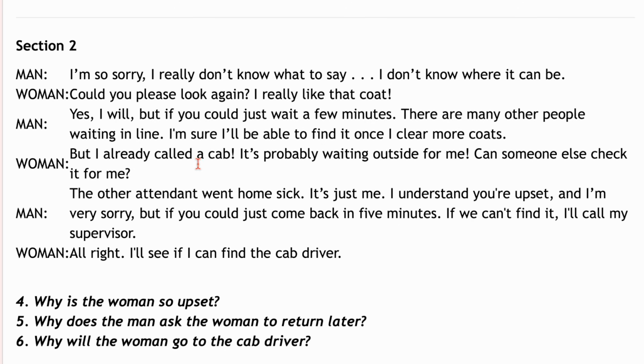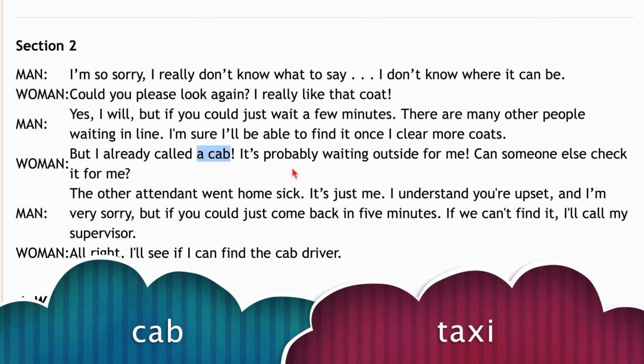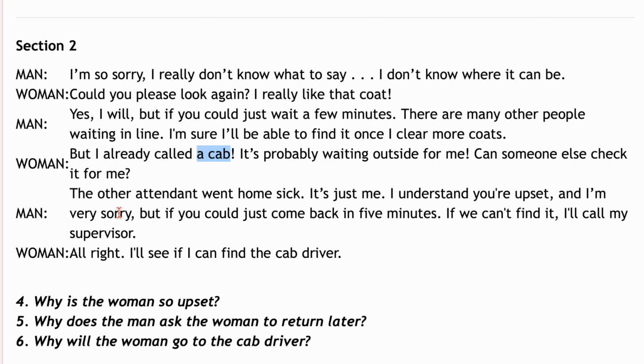But I already called a cab, taxi. It's probably waiting outside for me. Can someone else check it for me? The other attendant went home sick. It's just me. I understand you're upset, okay? And I'm very sorry, but if you could just come back in 5 minutes. If we can't find it, I'll call my supervisor. Okay, all right. I'll see if I can find the cab driver.